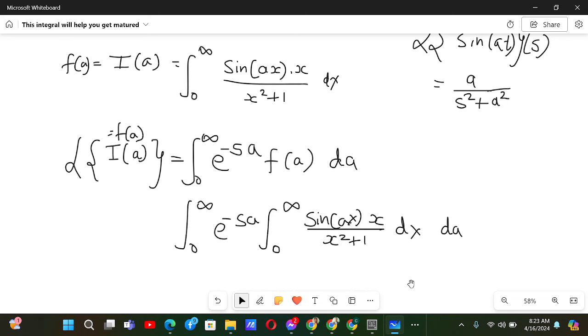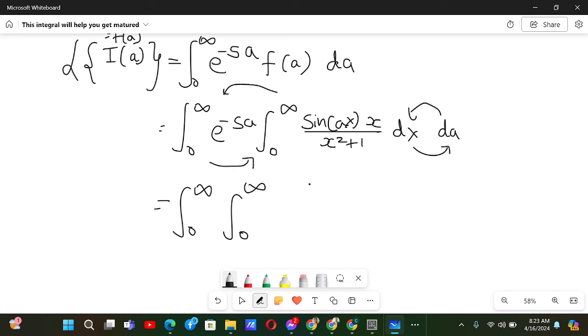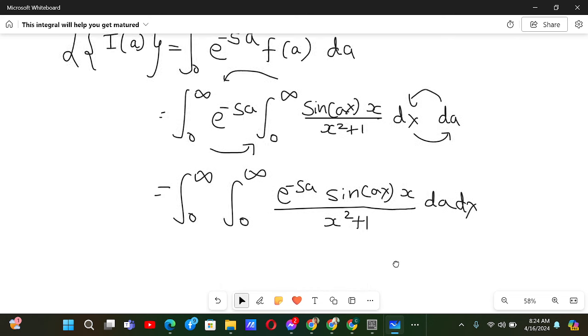Now let us try to change the order of integrals. Take this inside and change the order of integrals, so integral from 0 to infinity, integral from 0 to infinity. I basically swapped these two, and also swapped the differentials. This gives me e to the power minus sa, sine of ax, x by x square plus 1, and then da dx.